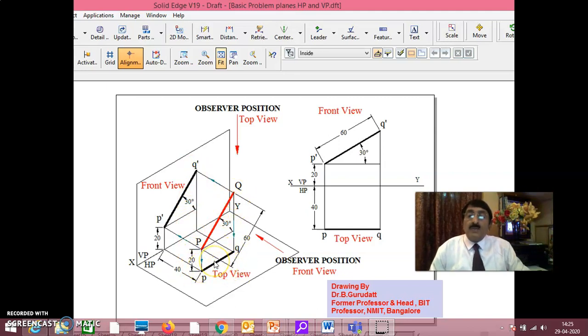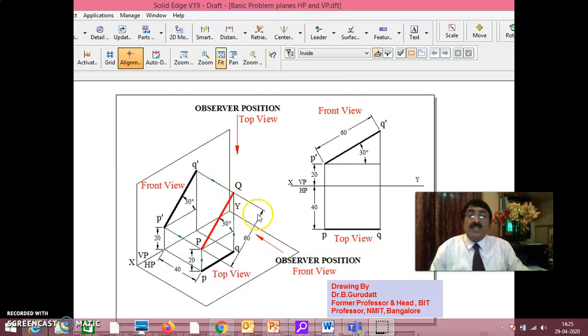But now what you do in these problems is keep the 30 degrees constant with end P fixed. We don't change P. P is a fixed point. P always, remember from here afterwards, is a fixed point. Q is a moving point. Now Q, I can move this way or this way. When I move this way, Q is moving towards VP.